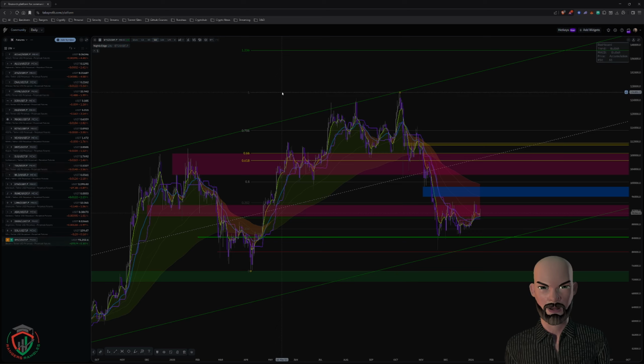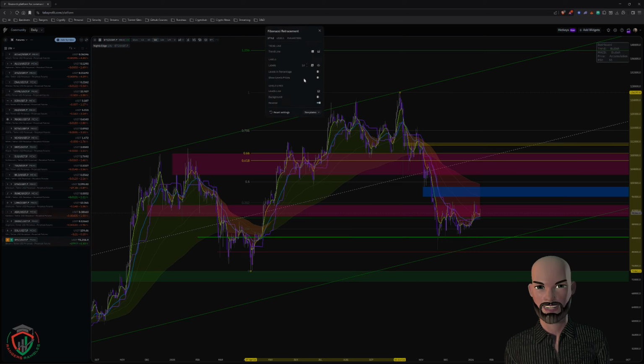No, hold on. Before I actually do that, I need to go into settings because I prefer to. Yeah, there you go. Reverse. That's cool. Okay, we can add labels as well according to this. So is that just the numbers? Show price levels in percentage. That's fine.